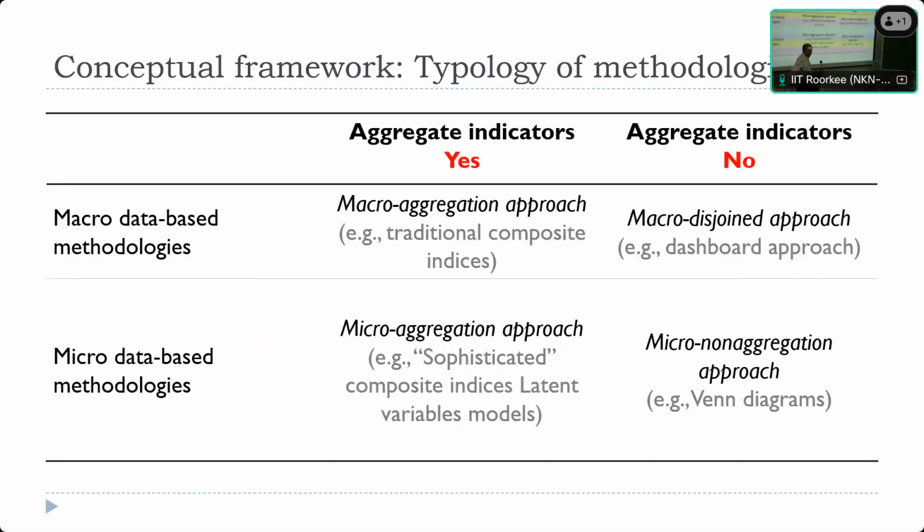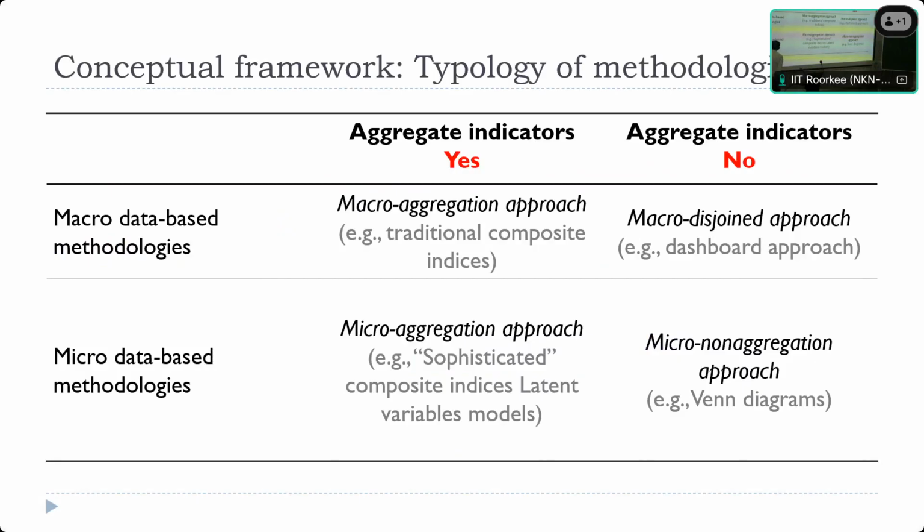Terminology, typologies. There are different ways people have tried to define multidimensional methodologies, multidimensional measurement. It is possible that all measures will not fit in this categorization, but broadly, we can classify them into these 4 different categories.